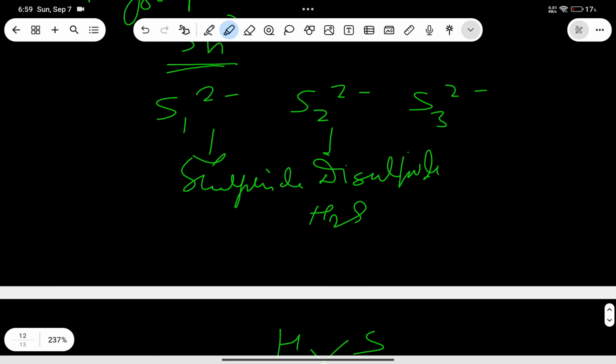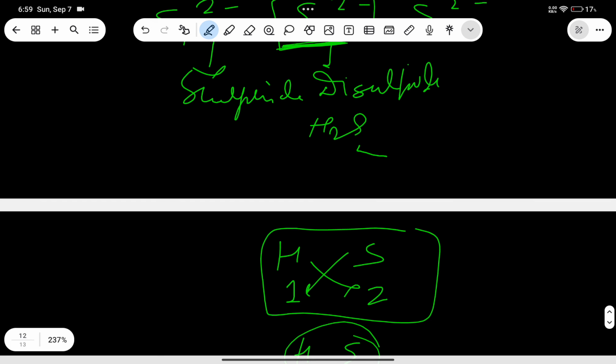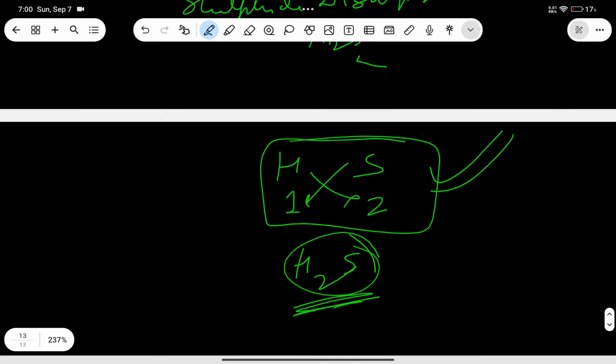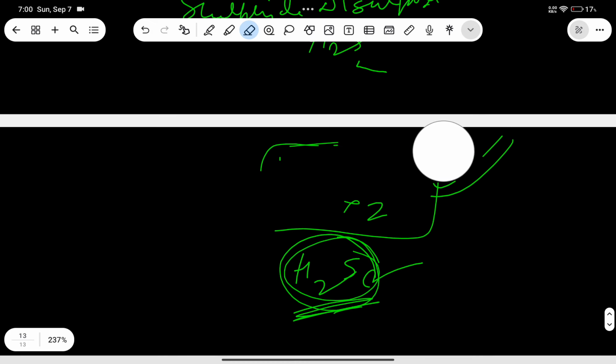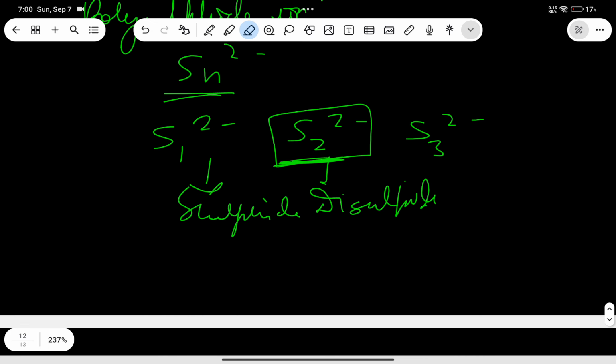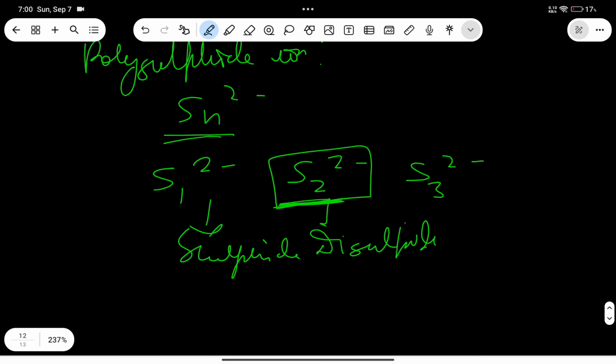This is disulfide when you write it in molecular format. But whenever you are doing chemical bonding, you try to write it this way. I'll share the ideas in the comment section also, but for the purpose of examination, learn that this is called sulfide, this is called disulfide, and this is called trisulfide.